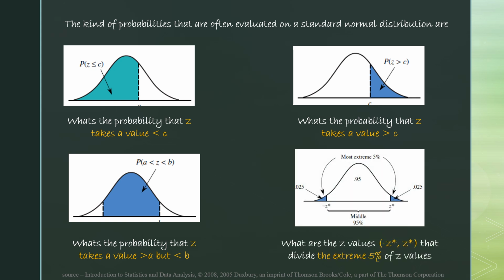And what are the z values minus z star and plus z star that divide the extreme 5% of z values. While the first three cases aim at arriving at the probability values associated with a z value or a range of z values, the last case aims at arriving at the z values given the probability value. Let's understand how we go about evaluating these probabilities and the z values one by one.